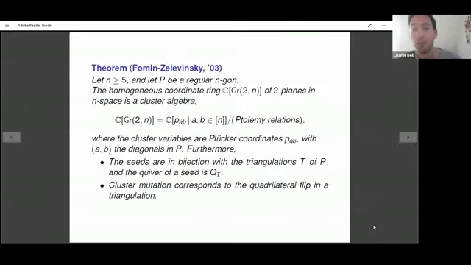Okay, so the main theorem with these was in 2003 by Fomin and Zelevinsky. Let n be at least 5 and let P be a regular n-gon.